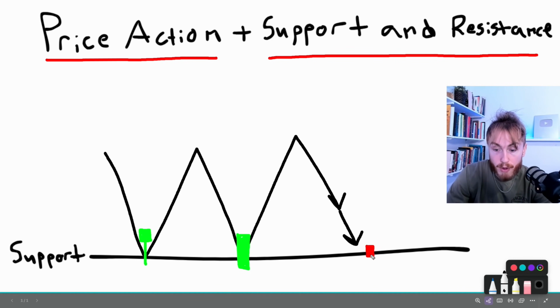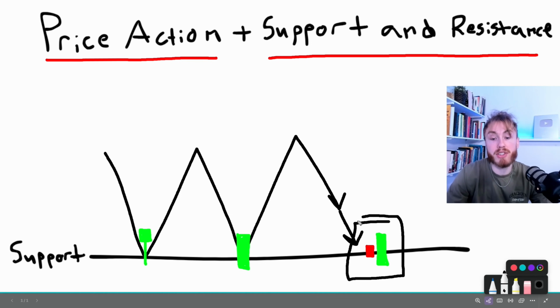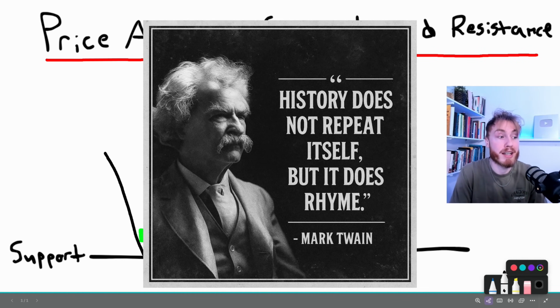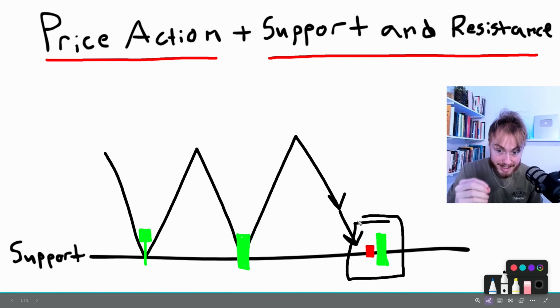If we go to this level and we see a strong, remember, a strong bullish engulfing pattern, this right here, that would be a very good sign, because this is bullish price action coming in at a level where we have previously seen bullish price action. And as the saying goes, history doesn't repeat, but it definitely rhymes. This is a good sign and a sign for us to potentially look out for a trade, right?